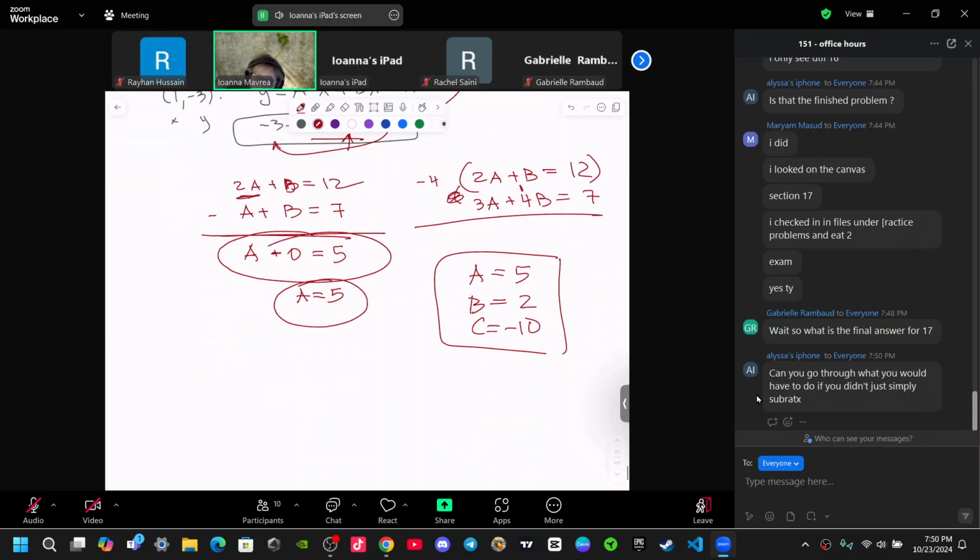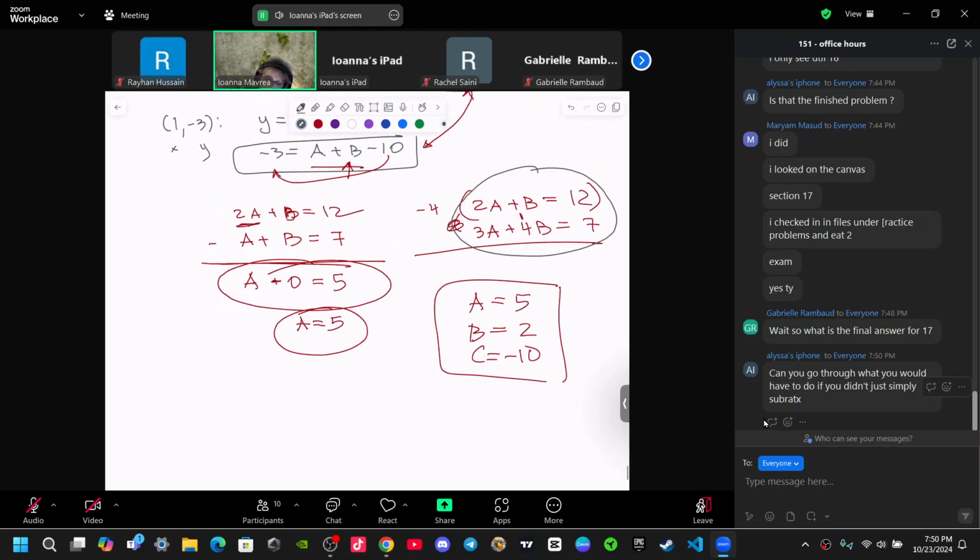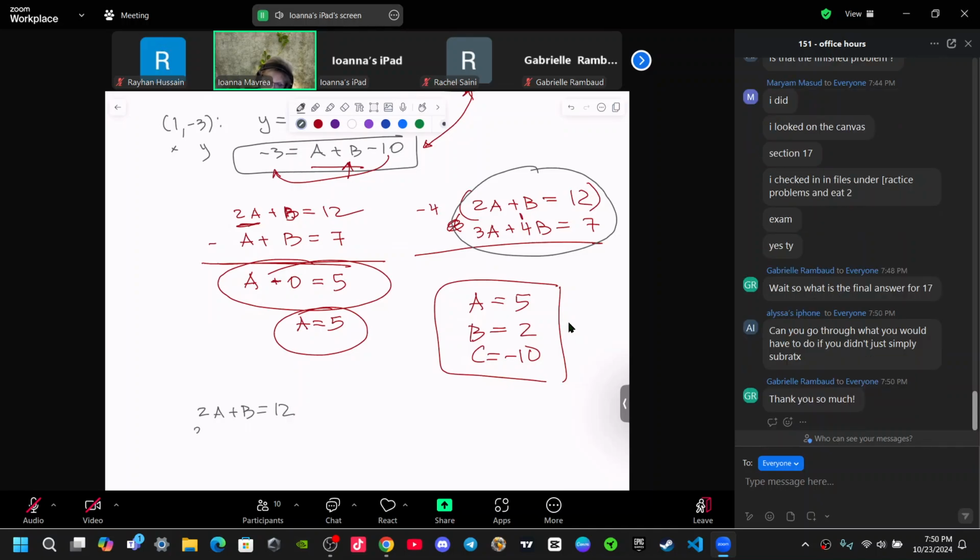Right, so for example, if you have something like that, 2a plus b is equal to 12, you have two options. One, because one of the unknowns, the b in this case, has a coefficient of 1, you could, if you wanted, use substitution.